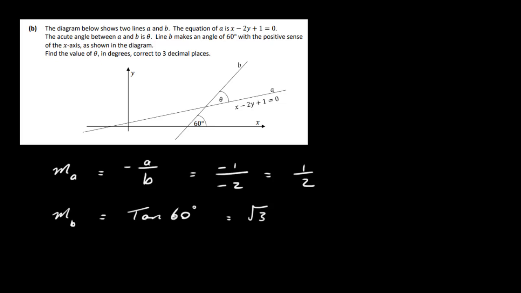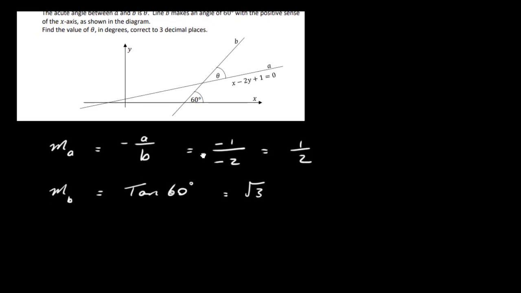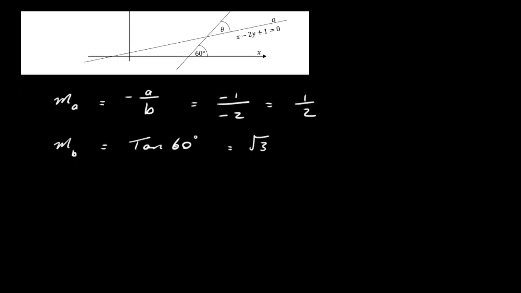So we have our 2 slopes now, so all we got to do is use the formula for finding the angle between 2 lines using the slopes. So the formula is the tan of theta is equal to m1 minus m2, so we subtract the 2 slopes, divided by 1 plus m1 times m2.